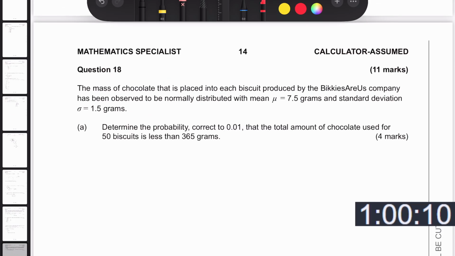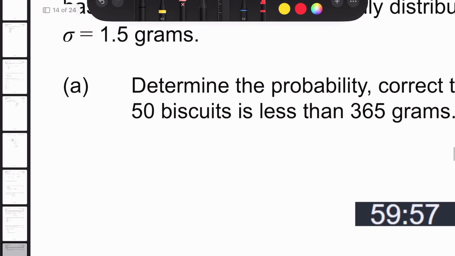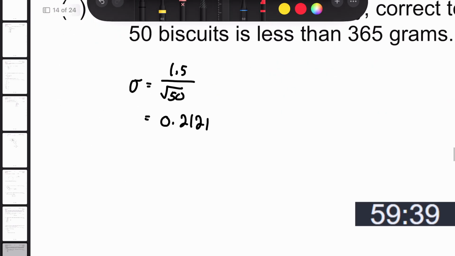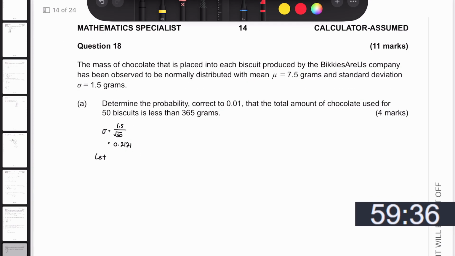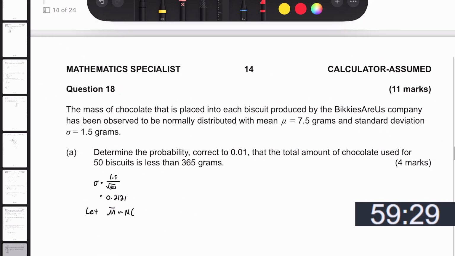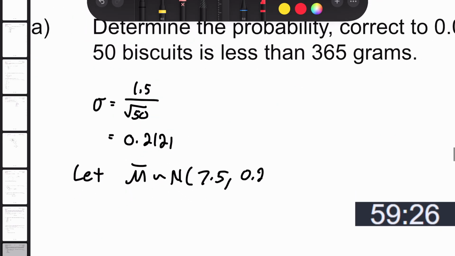The amount of chocolate that is placed into each biscuit produced has been observed to be normally distributed with that mean and that standard deviation. So the probability the total amount of chocolate used for 50 biscuits is less than 365 grams. So let's just say that standard deviation is going to be 1.5 over square root of 50, which is 0.2121. So let M be approximately normally distributed with mean 7.5 and standard deviation 0.2121.